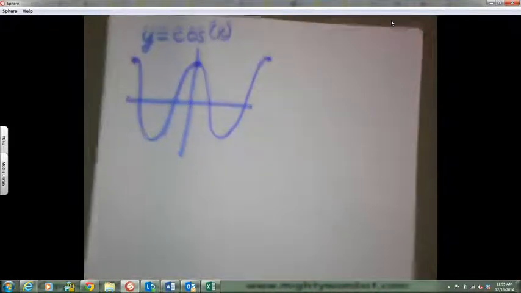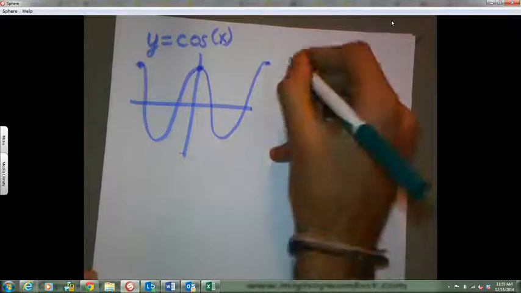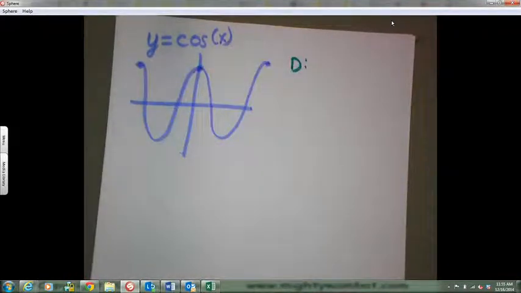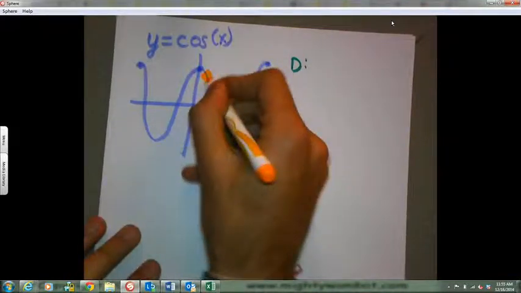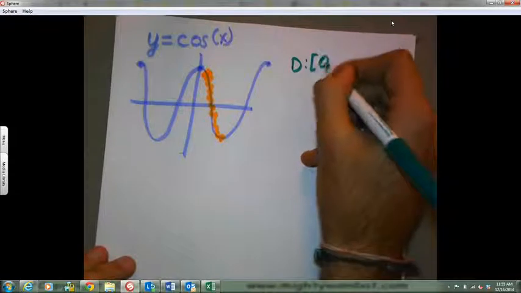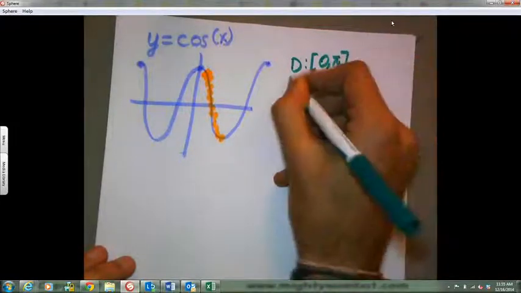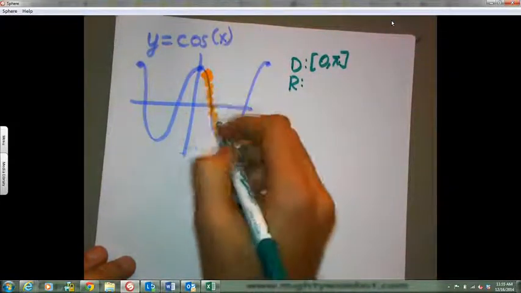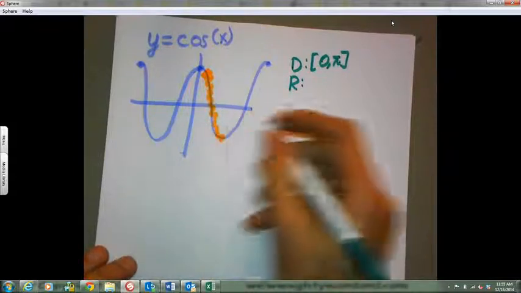So the domain restriction we said was 0 to pi this time. The range of the little yellow part here, of the segment, if you will, is negative 1 to 1.